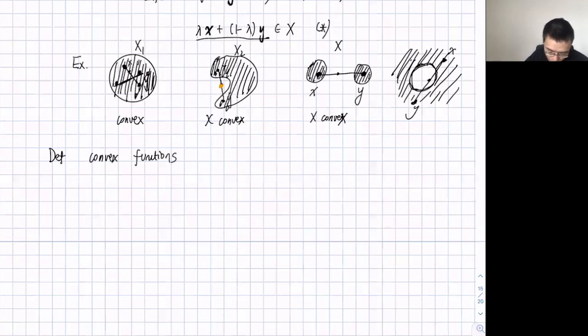Okay, a function from X to R, where X is a subset of my vector space. So my input, we restrict ourselves so that the input of this function has to be some subset of the d-dimensional vector space.